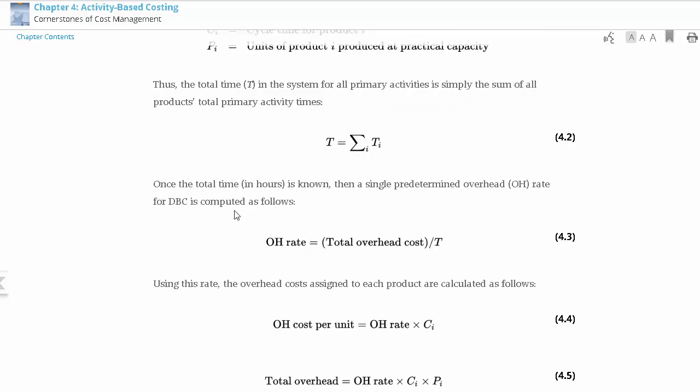All right, now moving along, we'll start focusing here where you see the mouse moving. So once the total time in hours is known, then a single predetermined overhead rate for DBC is computed as follows.